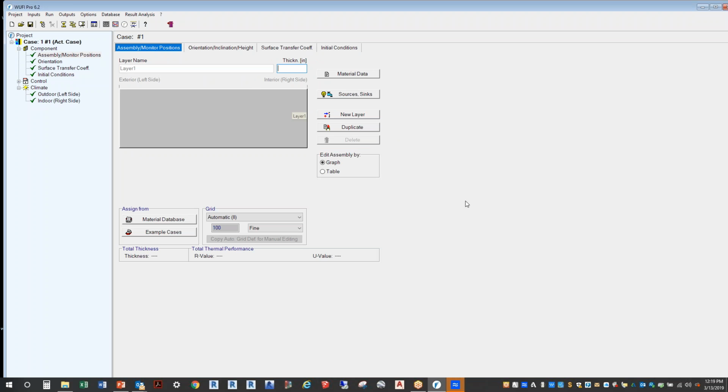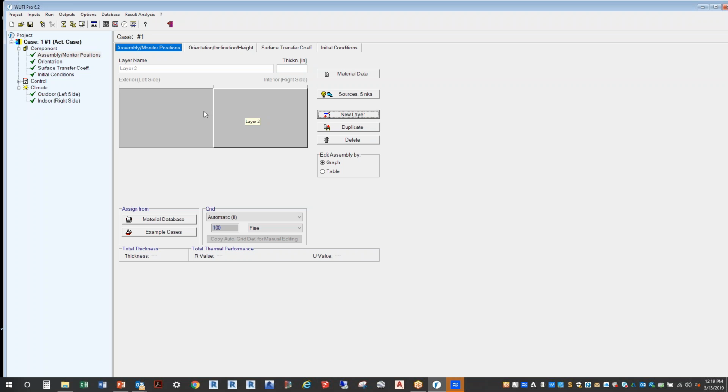So we'll go back to the assembly. Here you have a material database, and you have heat sources that you can add to your model. And then you can just create new layers or duplicate layers. The first thing that we're going to do is add a new layer.